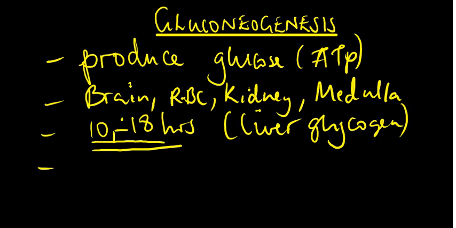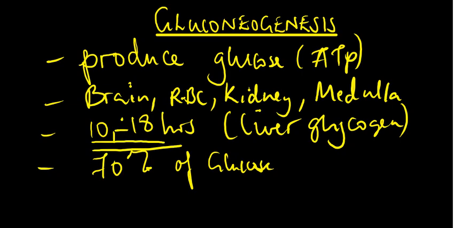The brain actually uses up 70% of the glucose that is produced by the liver during normal fasting.